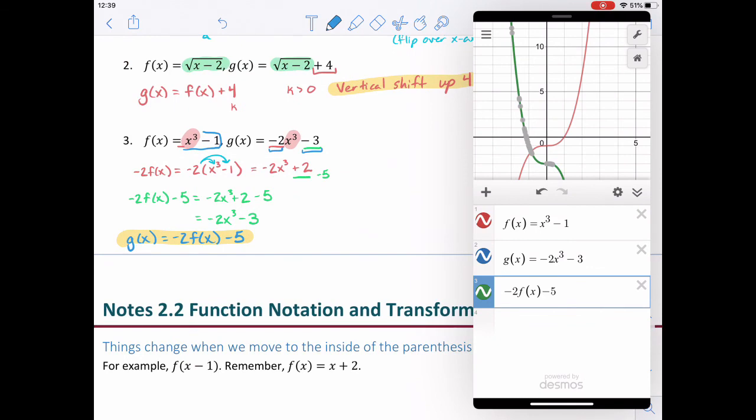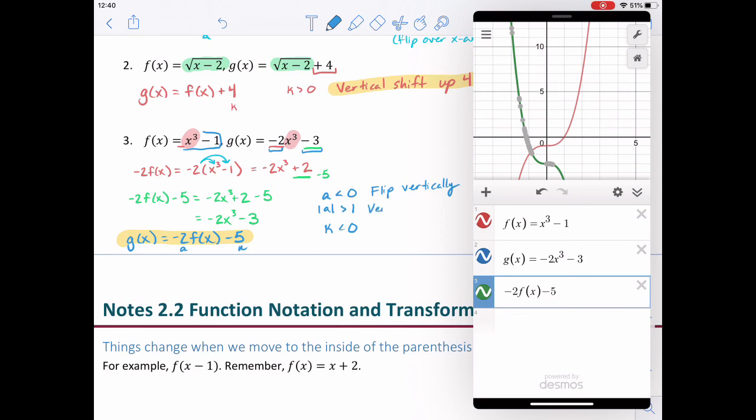So what's happening is once we get here, our a is less than 0 and our absolute value is greater than 1. And then we have a k value, which is negative, specifically -5. So we have a vertical flip, or you could just say a flip over the x-axis.